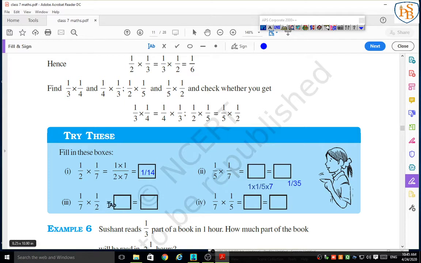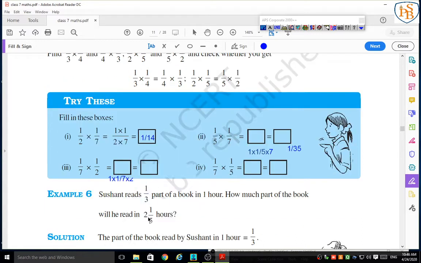The third question is 1 upon 7 into 1 upon 2. In the numerator we write 1 into 1 upon 7 into 2. The answer will be 1 ones are 1 upon 7 twos are 14.